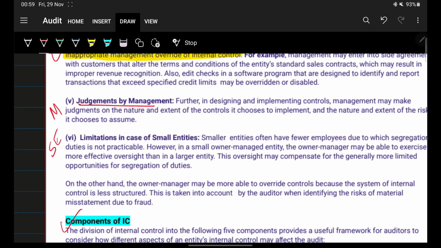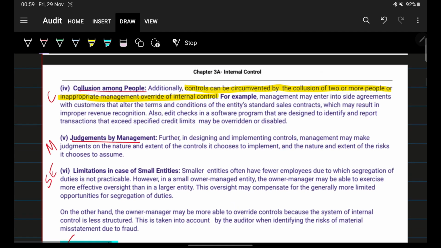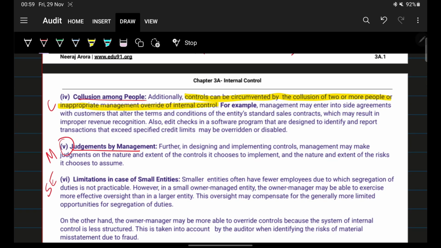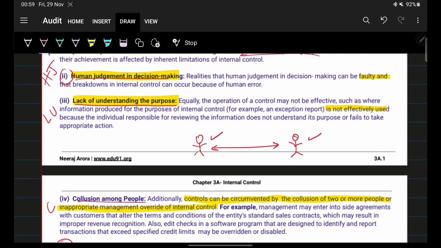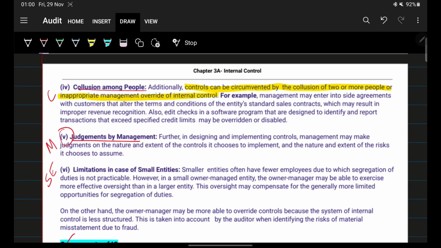Next, judgments by management. Okay, so obviously this point and this point go hand in hand, right? There's human judgment in decision making, and there are judgments by management in designing and implementing the controls. Okay, so in designing, the management may think that a particular kind of transaction is not material, right?